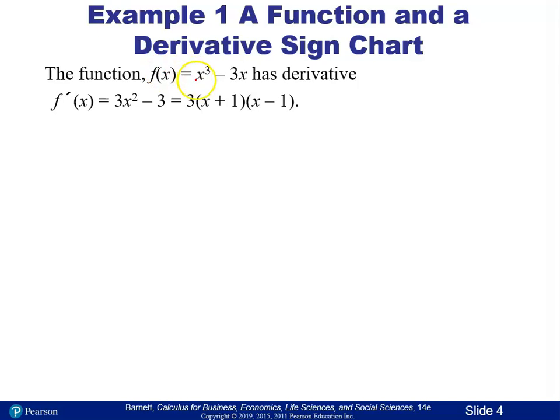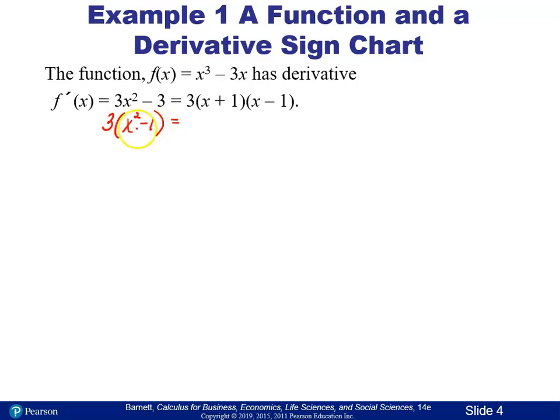Okay, so with this one, you've got the function f of x equals x to the third minus 3x. If we look at the derivative of this, we're going to bring the 3 down in front, so 3x squared minus the derivative of 3x, which would be 3. A lot of times it is helpful to factor it in order to do a sign chart, so we take the 3 out as a GCF, which leaves me with 3 times x squared minus 1.